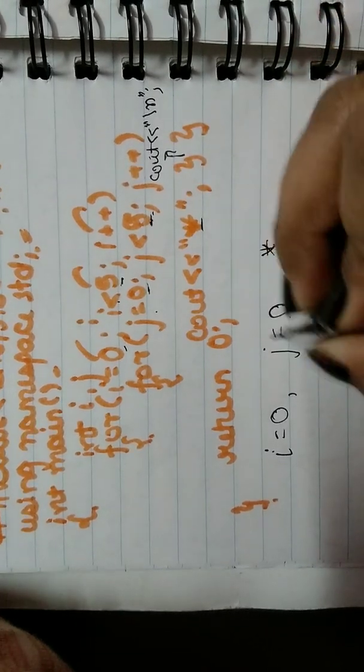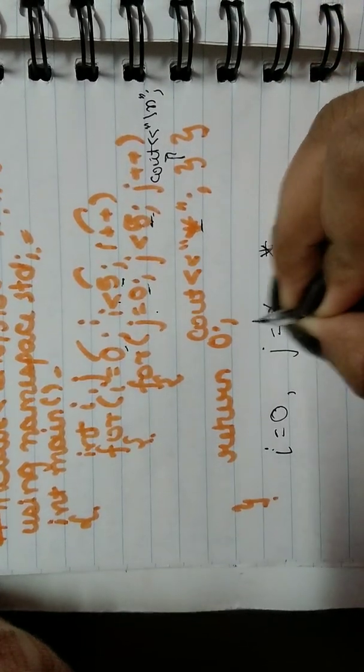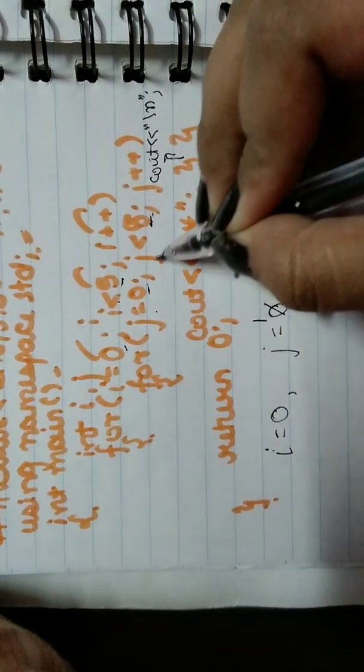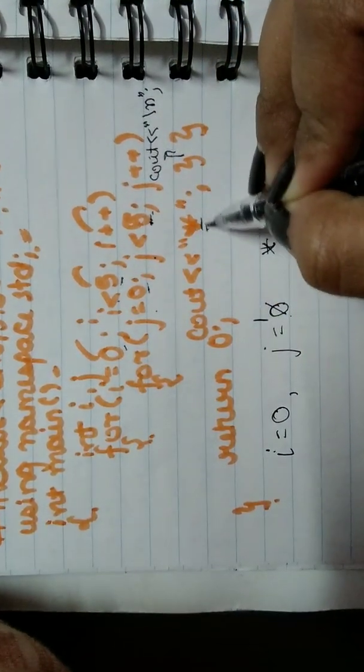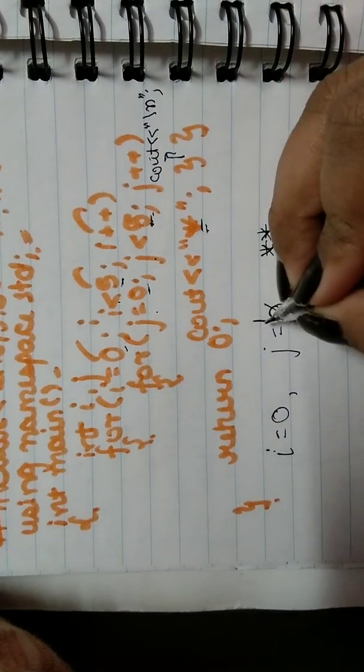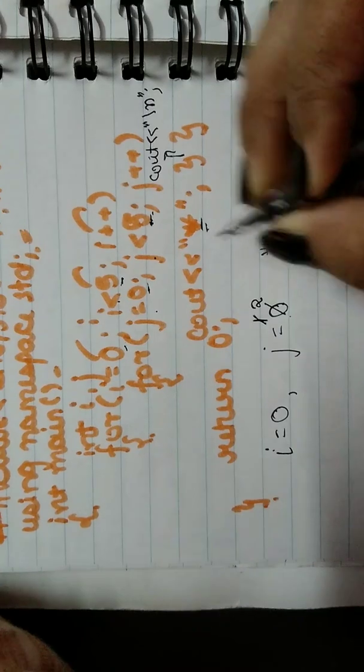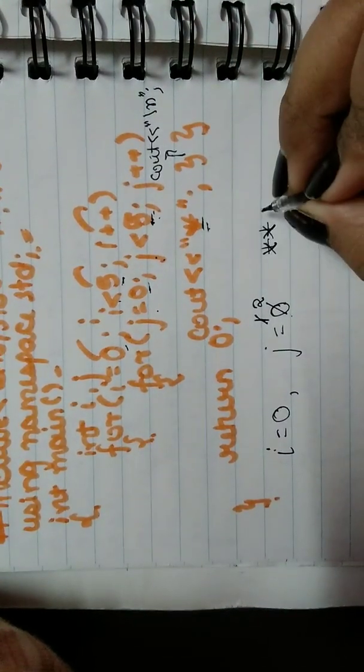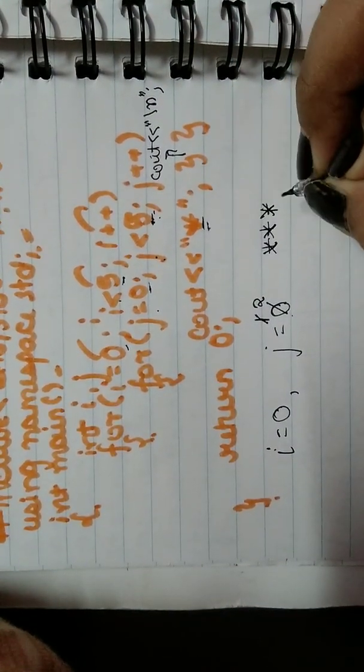Now i equals 0, j is equal 0, condition true, it will print once. Now the value of j becomes 1. The condition is still true, 1 is less than 5. It will come inside and will print one more star. Now the value of j becomes 2. 2 is less than 5, condition is true, so it will again come inside and print.